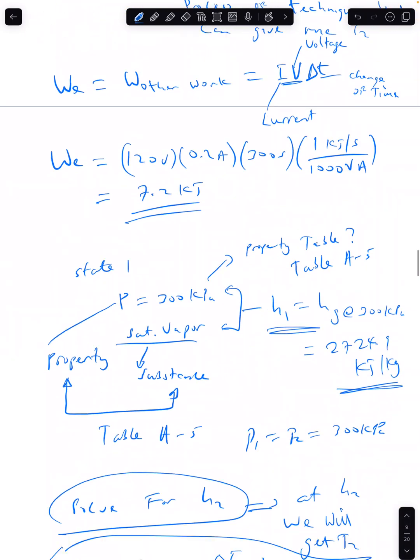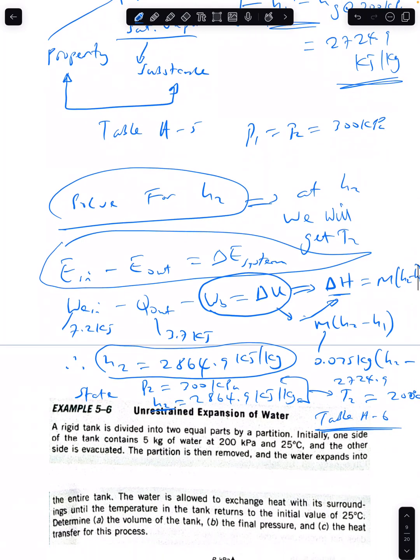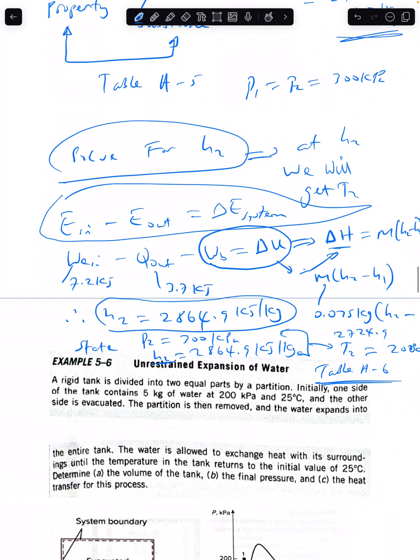So therefore, you may be able to know that the main formula which I use, I'm going to write it here. I use the work done, which is the electrical work done into the system.